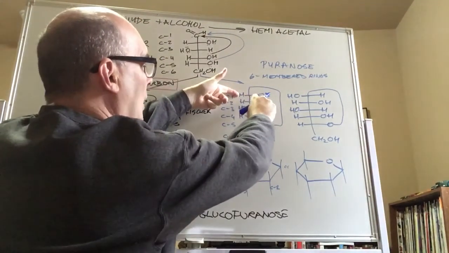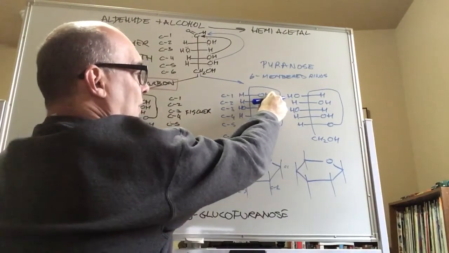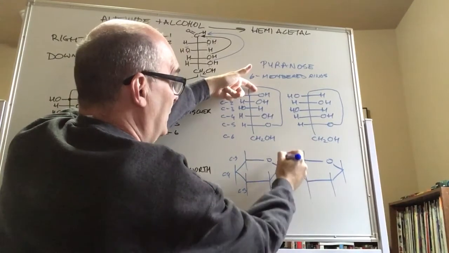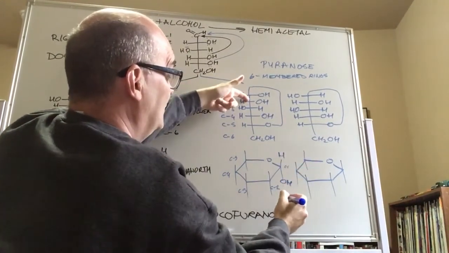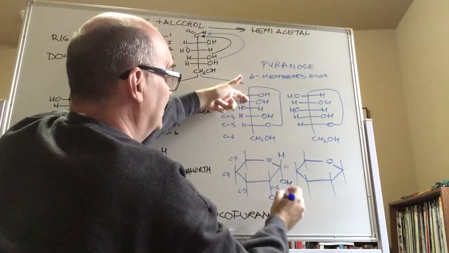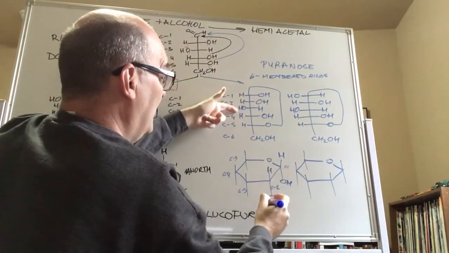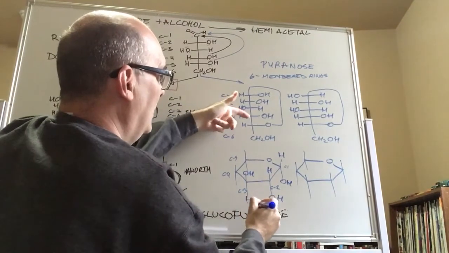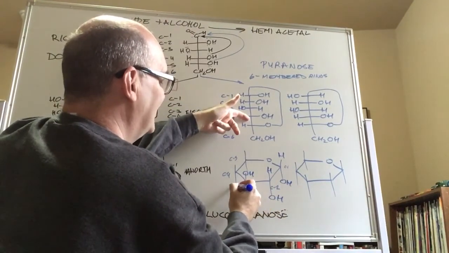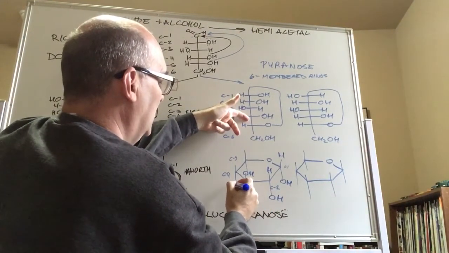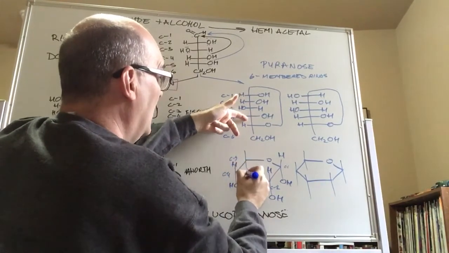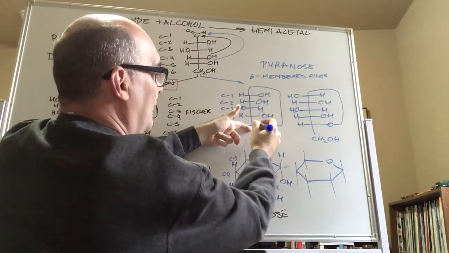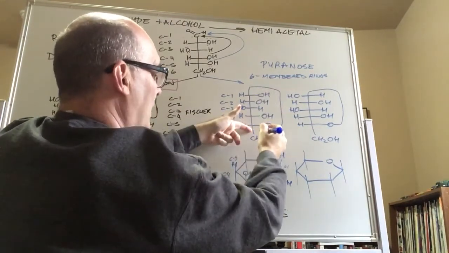At carbon number 1, the alcohol is to the right. It points down. Carbon number 2, the alcohol is to the right. It points down. Carbon number 3, the alcohol is to the left. It points up. Carbon number 4, the alcohol is to the right. It points down. And then carbon number 5 is part of the ether into the ring.